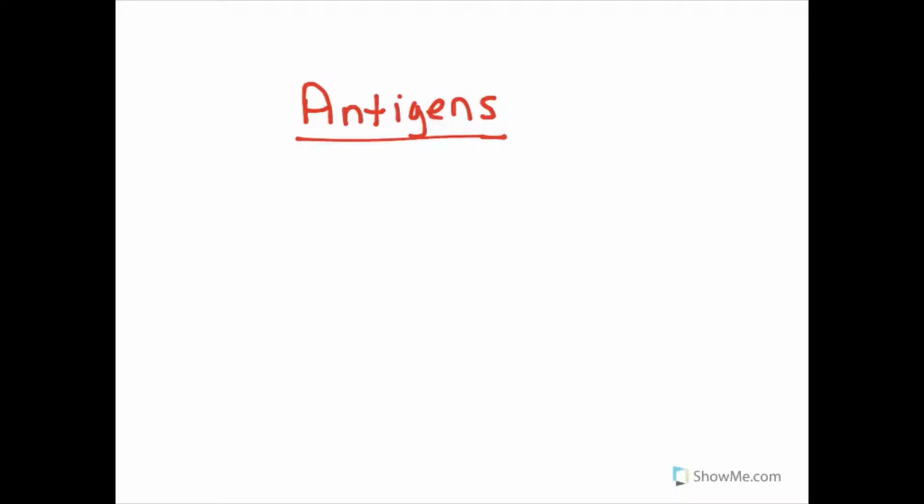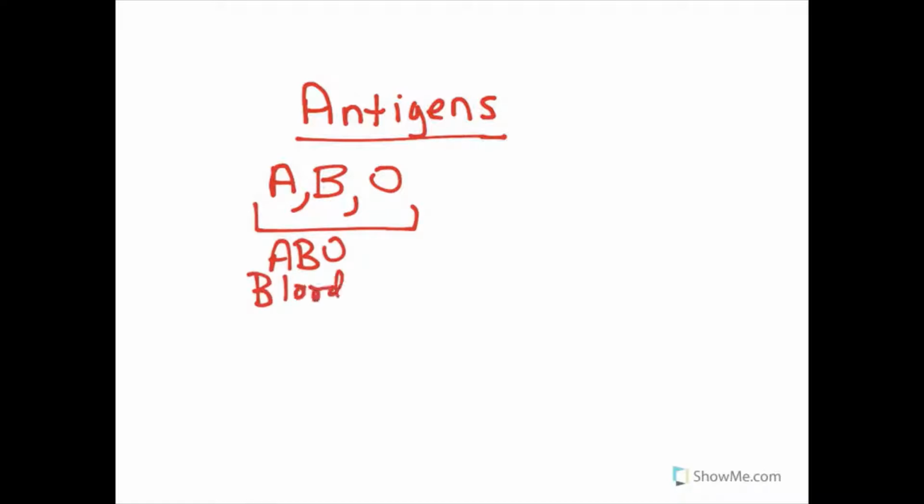There are really only four major antigens we're going to discuss: A, B, and O, which is the heart of the ABO blood group. And then we're going to discuss the RH antigen, also referred to as the D antigen, because that's the most common version of it, and that is another antigen.